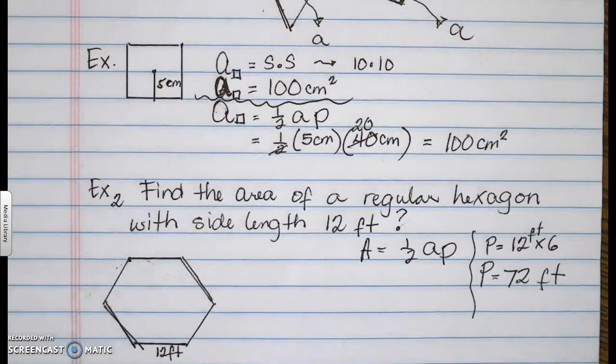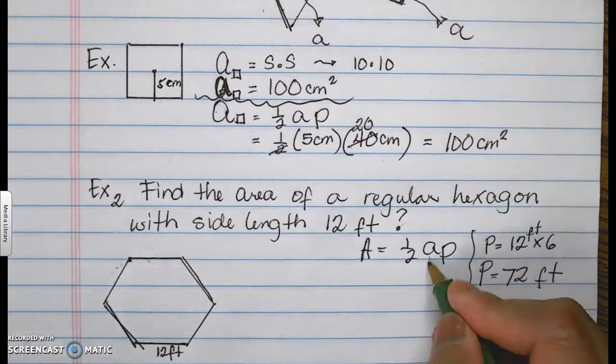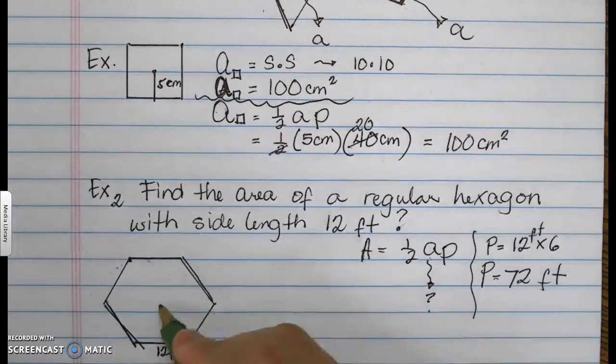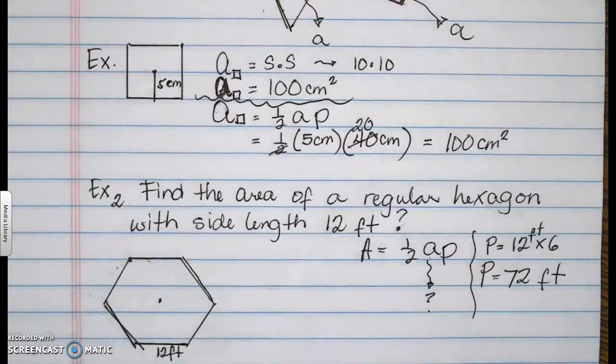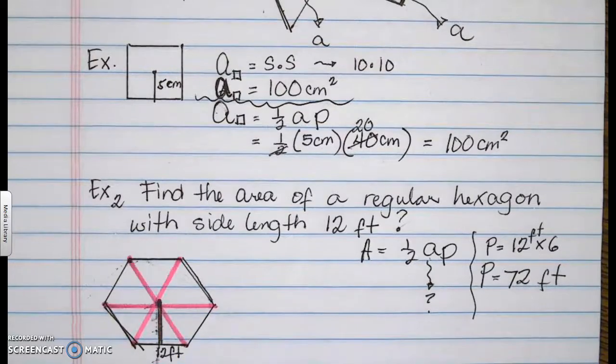Now your goal is to solve for the next component, which is the apothem. So the apothem is missing. But you know that if this is the center, you can draw triangles in each of them to determine the apothem. The apothem is this piece, and we need to identify its length. So with my regular hexagon, from the center, I drew the triangles connecting the vertices.